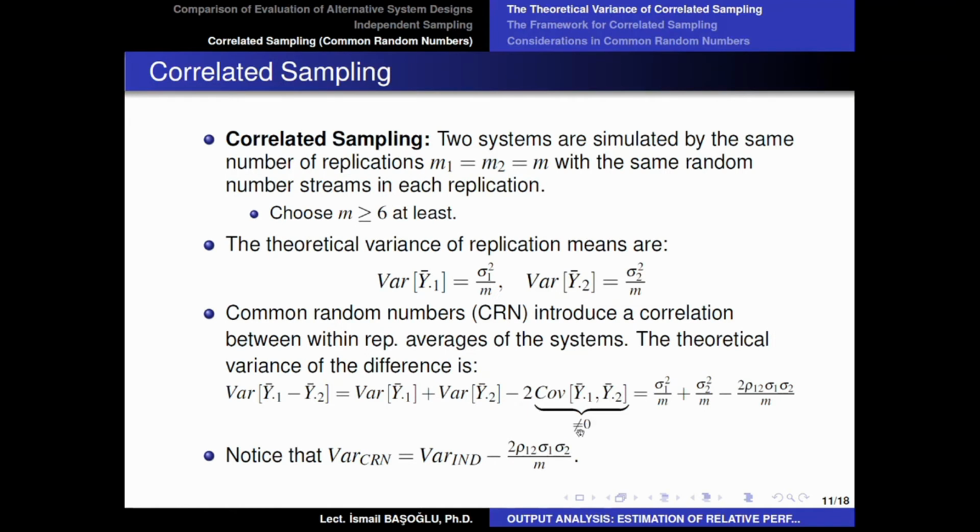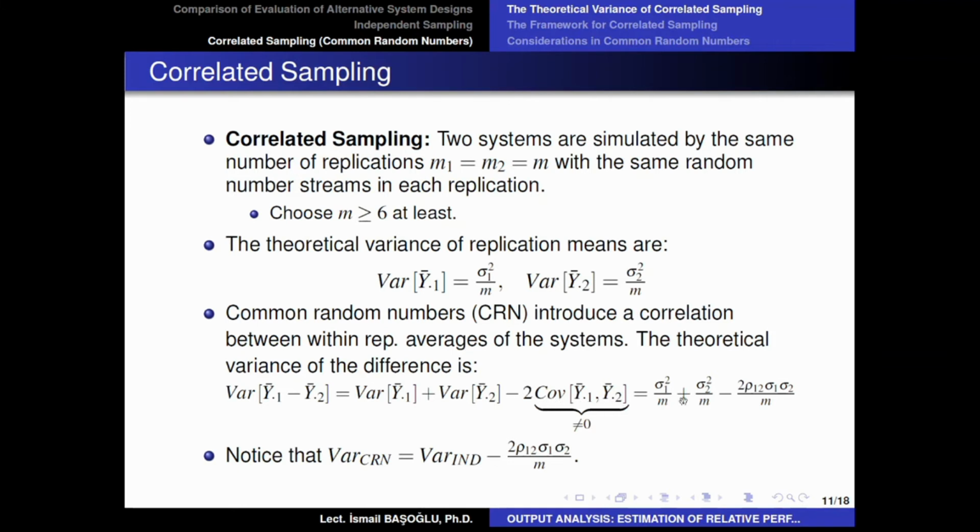Therefore, this covariance will not be 0 this time. And we can say that the variance of the difference of the replication averages is going to be equal to the variance of the theoretical average of the first system design plus the variance of the theoretical average of the second system design, which are respectively sigma 1 square over m and sigma 2 square over m, minus 2 times the covariance.